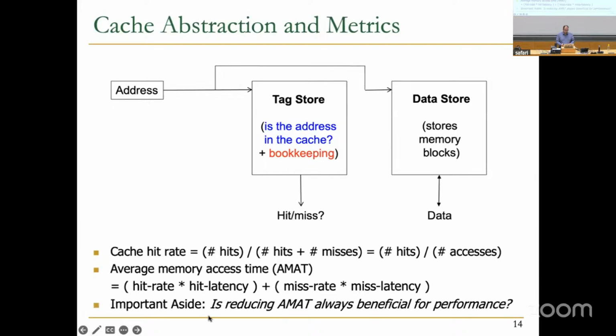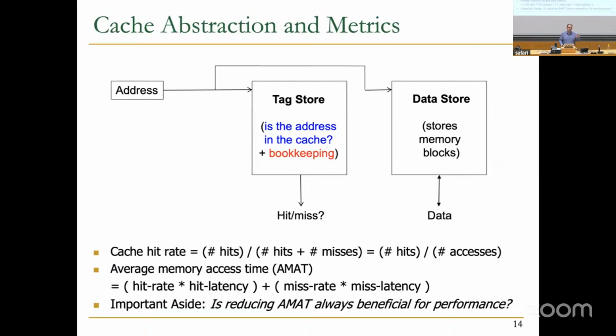But there is an important aside here that I want to mention. I'm not answering it at this moment, just to prepare you, you can start thinking about it. Is reducing average memory access latency always beneficial for performance? Meaning that if I put that as my main goal to reduce AMAT, average memory access time, would that affect the end-to-end execution time of my application?